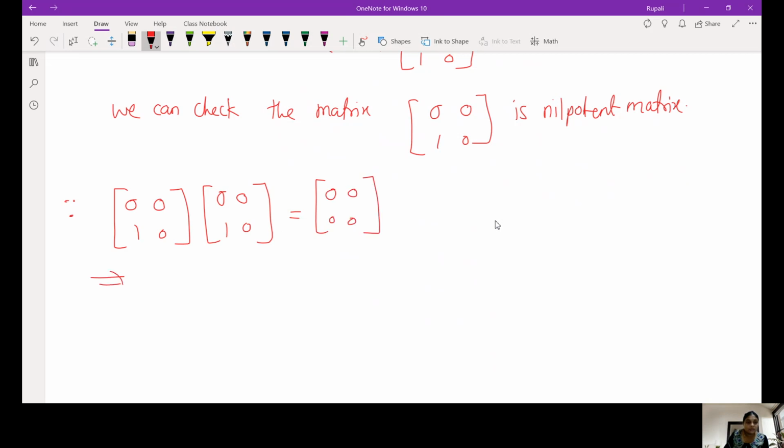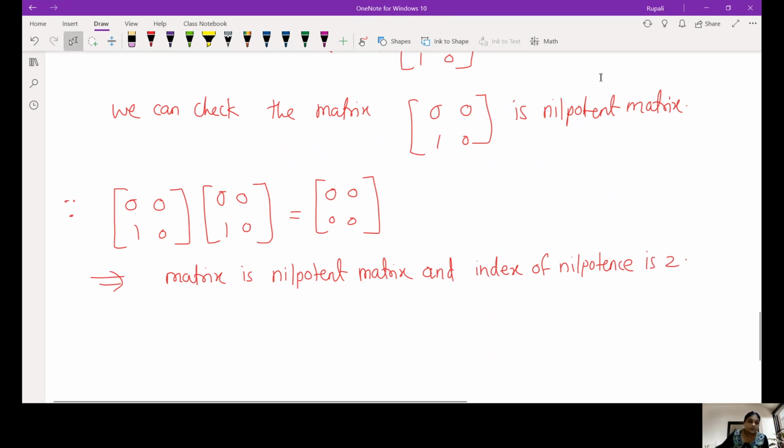So this implies this matrix is a nilpotent matrix and the index of nilpotence is 2.